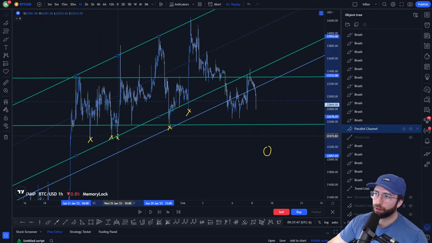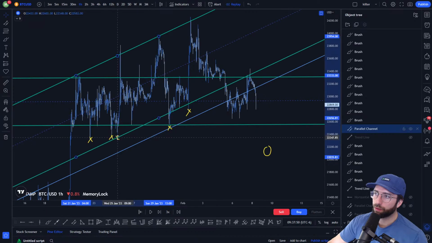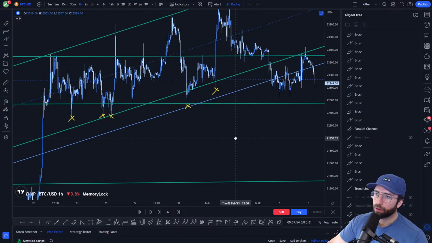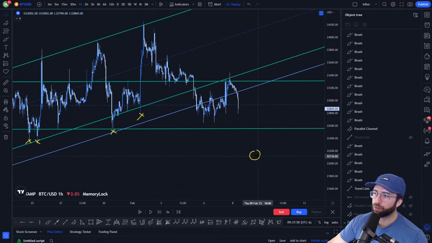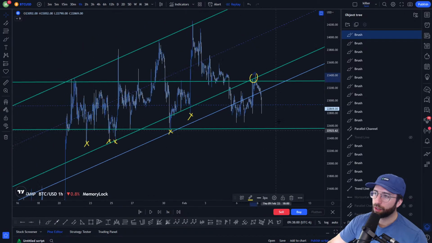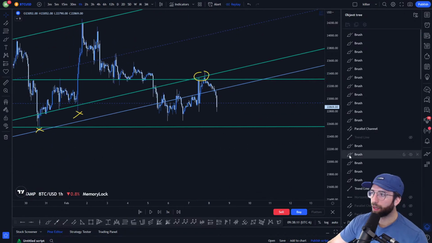Did I have it further down like this? I must have drawn it further down, because we had the intersection here, if you guys remember, between the top of the channel there and the bottom of this sideways channel here. I must have drawn it lower. But anyway, you guys get the idea, right?